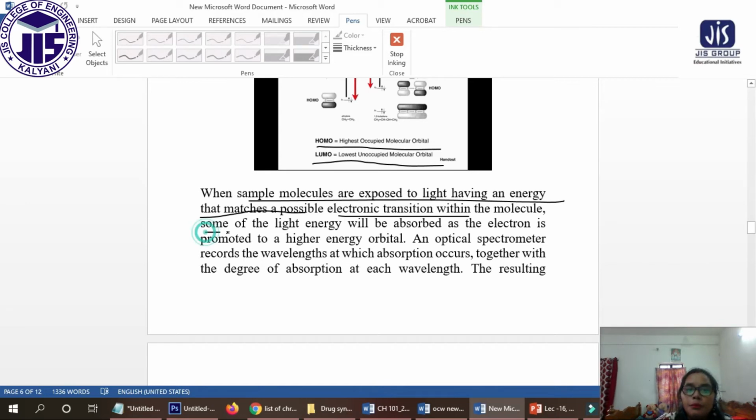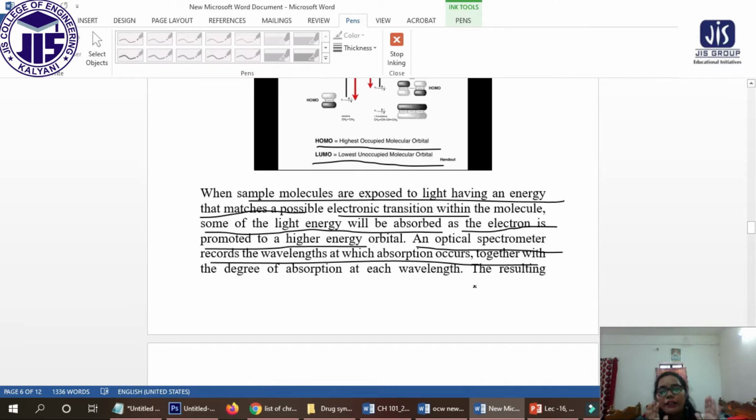Okay, some of the light energy will be absorbed as the electron is promoted to the higher energy orbital, and the optical spectrometer records the wavelength at which the absorption occurs.